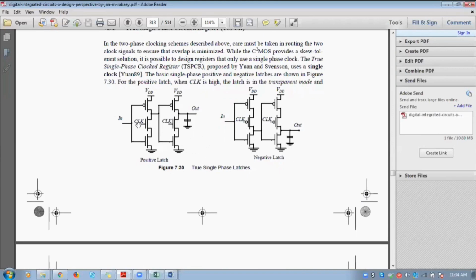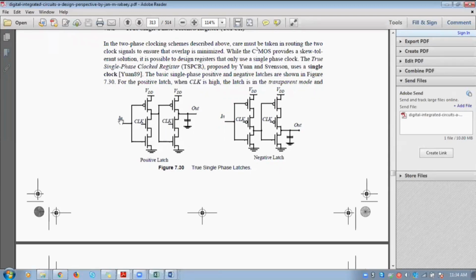The working is normally, when clock equal to 1, it is a positive latch, right? It will merely transfer whatever we are applying as input to the output when we are applying clock equal to 1. When clock equal to 1, both these transistors will be on. So it will act as a normal two inverters connected cascadedly.